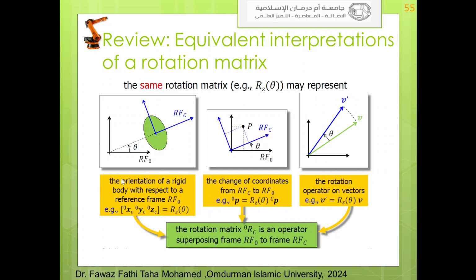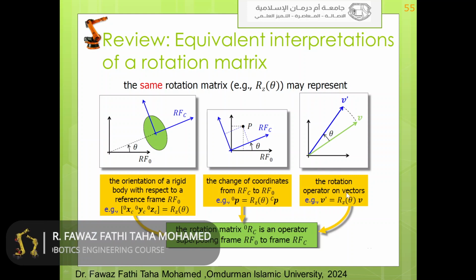The first case is the orientation of a rigid body with respect to reference frame R0. The second one is the change of coordinates from frame to frame. The last one is the rotation operator on vectors.